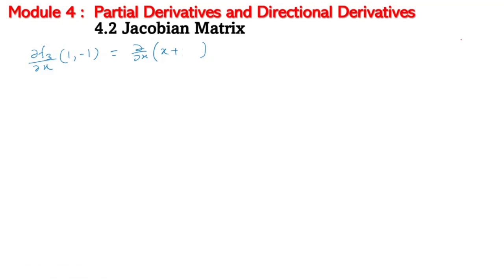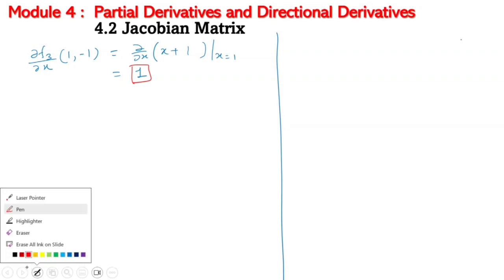So the y we can put as 1. So x plus y at the point x equal to 1, which is equal to 1. So this is the entry of the matrix.